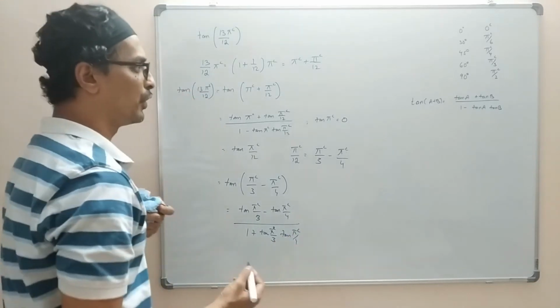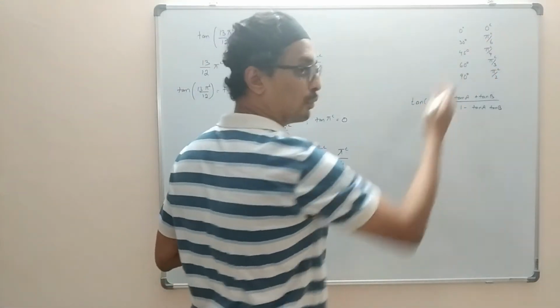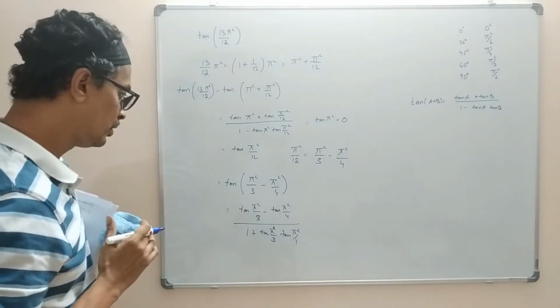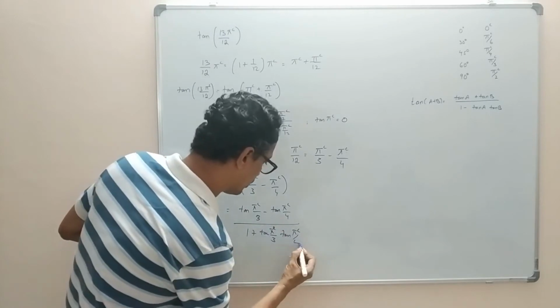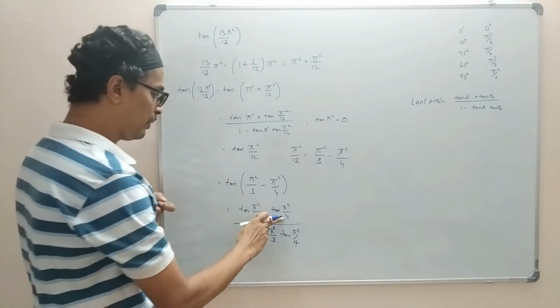Tan pi by 4 is 1, correct? Because that is 45 degrees, equal to 1.